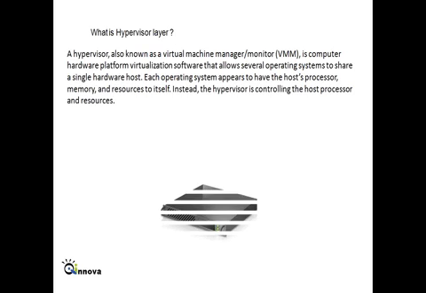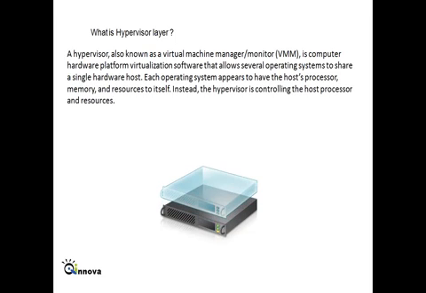Here we can see what a hypervisor layer is. This is your physical machine. On top, you were traditionally adding an operating system, but now we are adding a hypervisor layer.